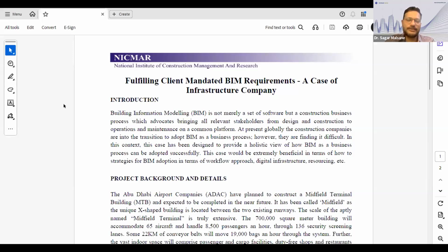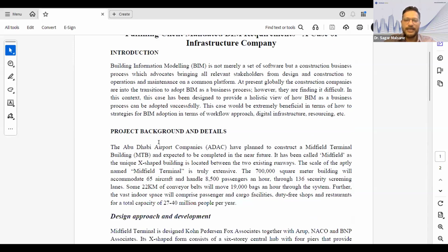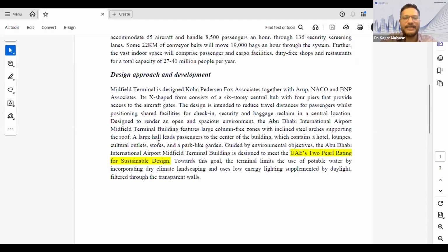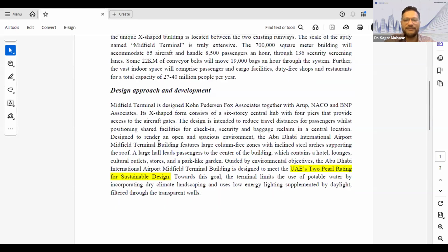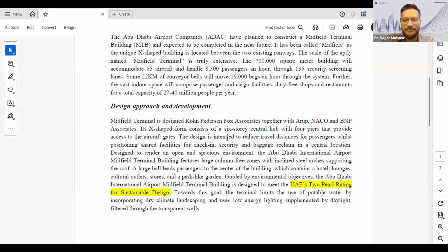Yeah. So, a very simple example. This is a case of the Abu Dhabi Midfield Terminal Building. It's an airport terminal building, and the client, ADAC, the Abu Dhabi Airport Authority, had a mandate that they wanted sustainability in the project, and their target was UAE's 2 Pearl rating for sustainable design.